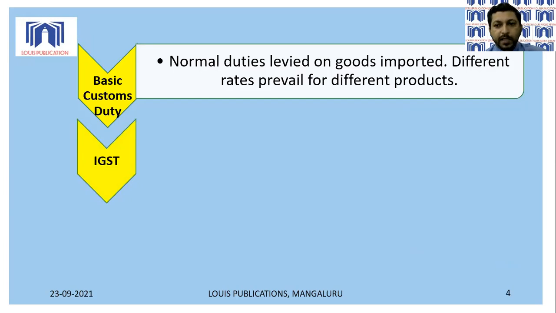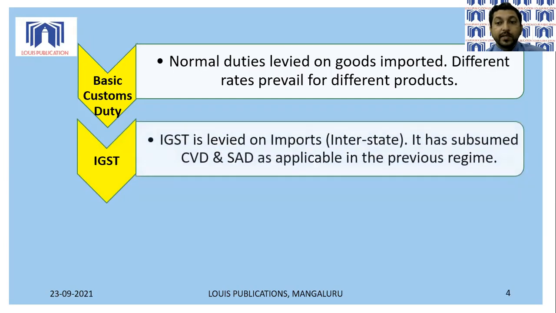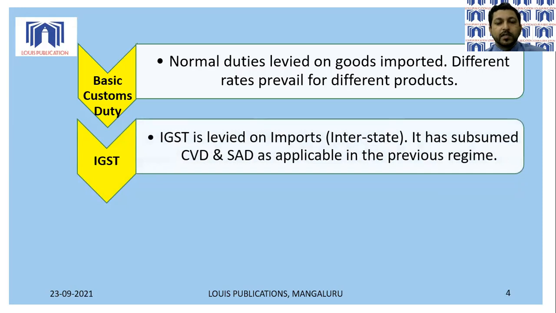Hence, it becomes compulsory that the importer pays GST under reverse charge mechanism basis. So the importer is going to pay IGST to the government, that is to the central government, under reverse charge mechanism basis. So IGST is levied on imports, and imports are treated as interstate supply as far as GST is concerned.